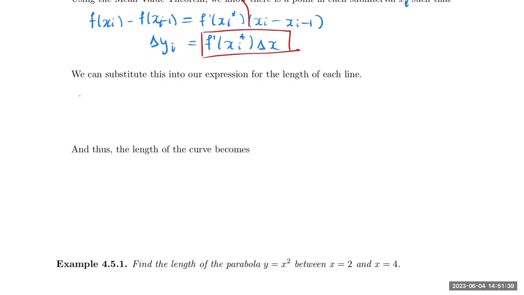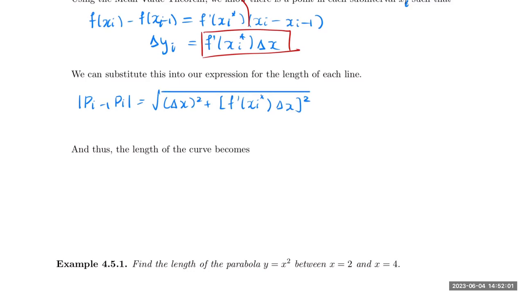So then we would just get the length P_{i-1}P_i. This is equal to just delta x squared plus the derivative of f at x_i star times delta x, whole thing squared, right? And then we could also just simplify this.